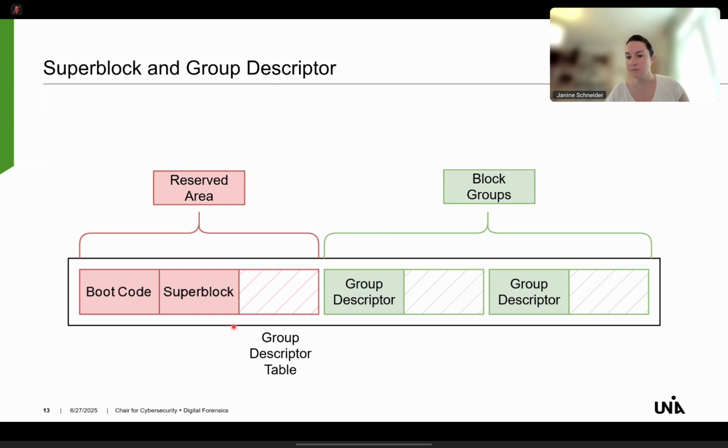How many blocks do we have per block group? All the information about the file system itself is stored in the superblock in the reserved area, and there are several copies of the superblock in each block group descriptor. Okay.